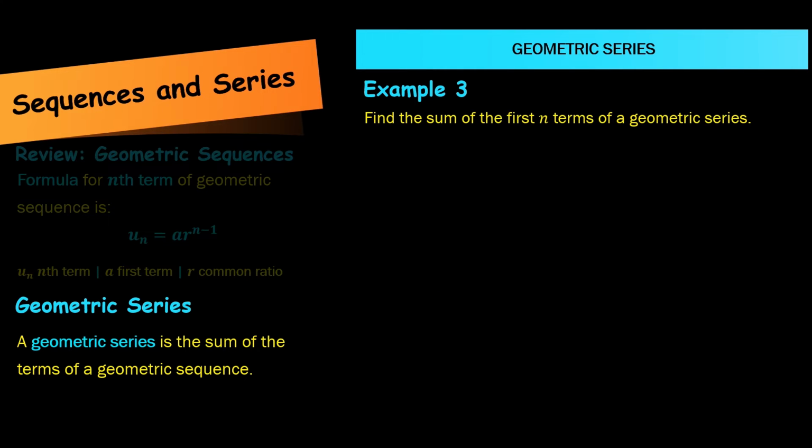Now let's take a look at another example. We are required to find the formula for the sum of the first n terms of a geometric series. The sum of the first n terms of a geometric series is going to take the form s subscript n equals a plus ar plus ar squared plus ar cubed plus all the way up to plus ar to the power n minus 2 plus ar to the power n minus 1.